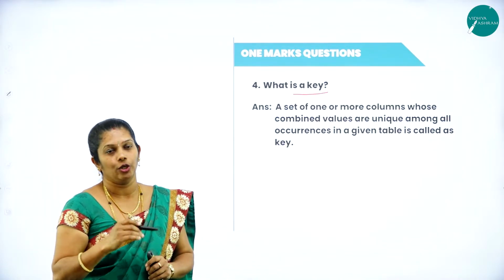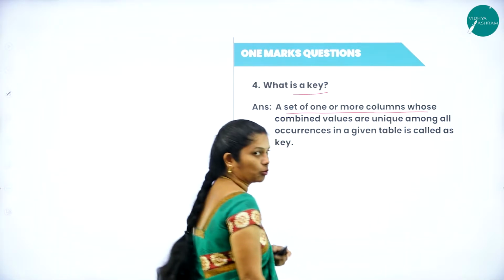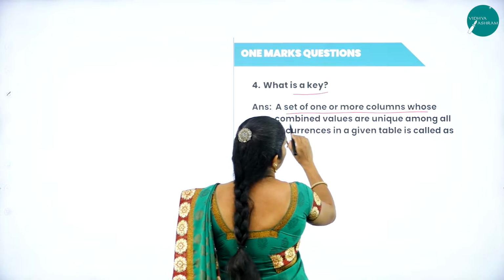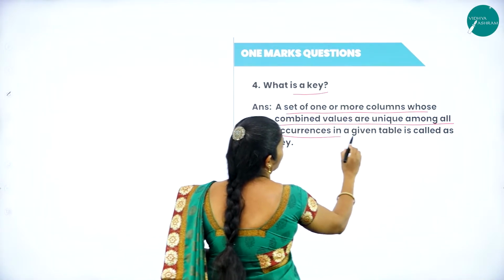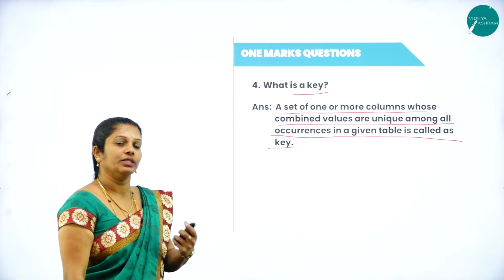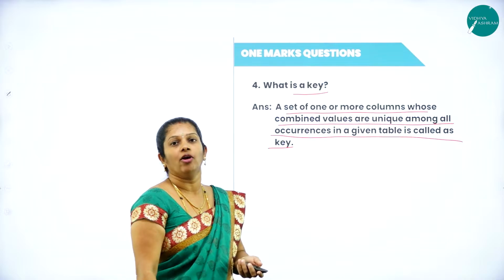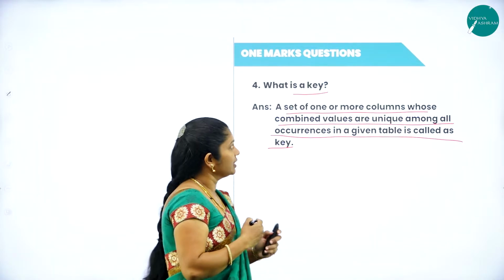That's a unique value. A key is a set of one or more columns whose combination of values is unique among all occurrences in a given table. When we come to keys, there are primary key, secondary key, alternative key, super key, foreign key, like that various types of keys.